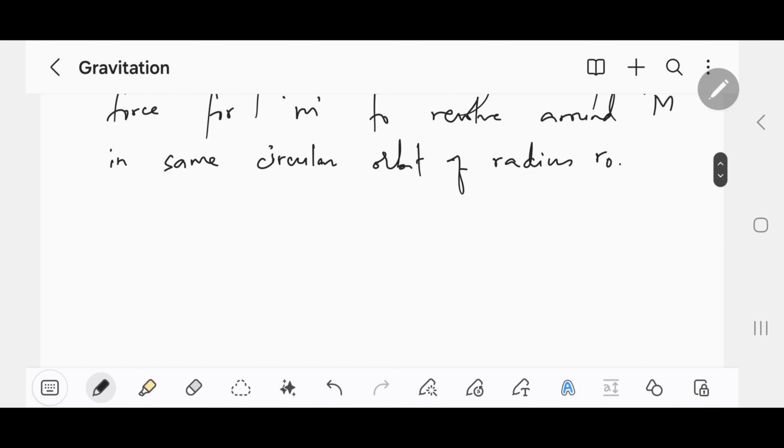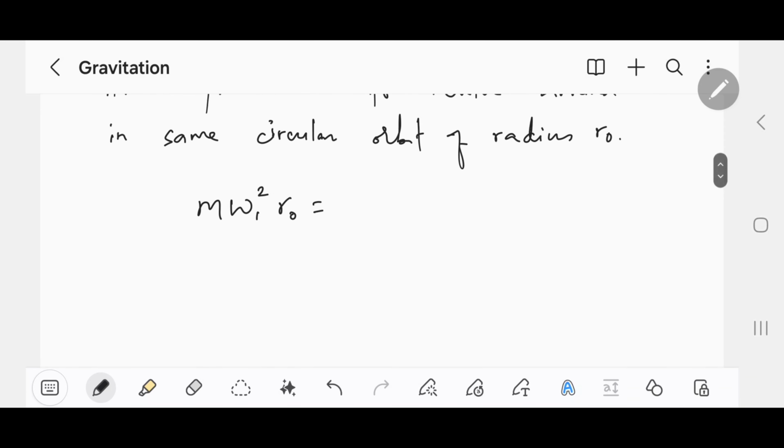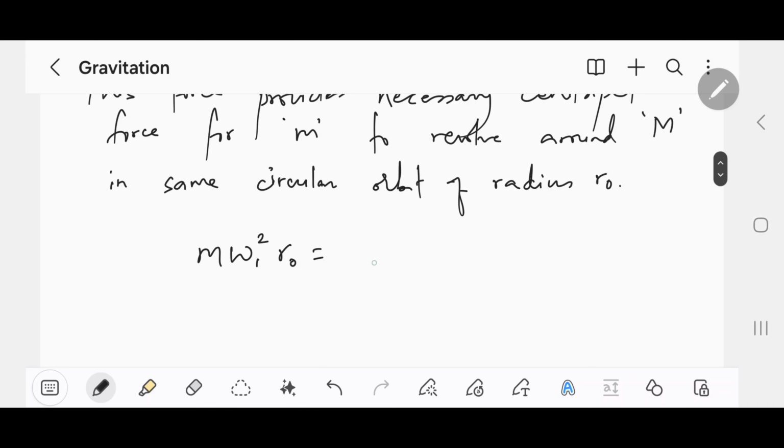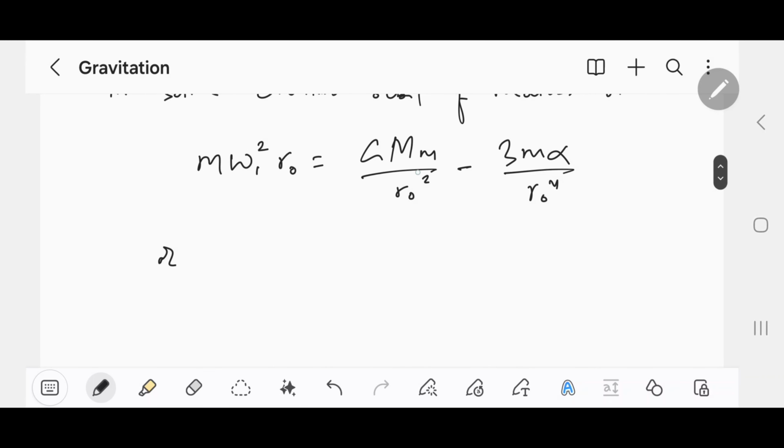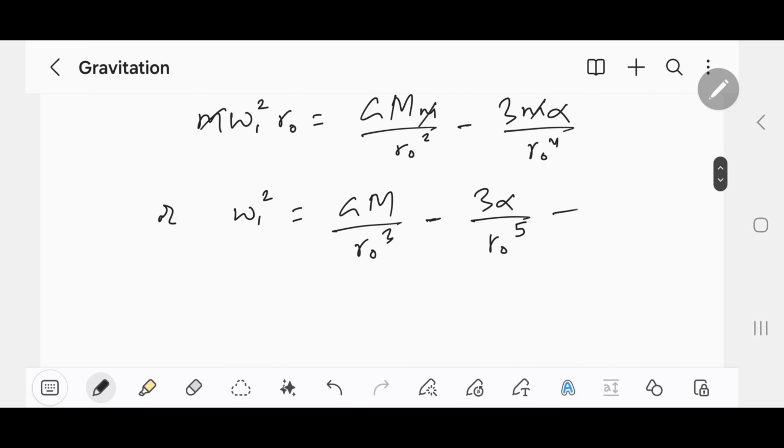Therefore, just like previously, m omega 1 square r naught equals GMm by r naught square minus 3m alpha by r naught power 4. Small m gets cancelled out in all the terms, so omega 1 square equals GM by r naught cube minus 3 alpha by r naught power 5. This is the second expression.